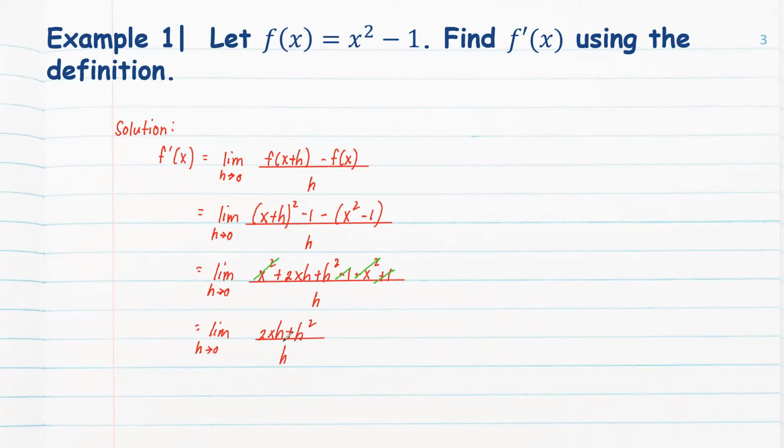So this time, we cannot directly substitute 0 to h because it will make our expression indeterminate. So what we are going to do is we will factor out our numerator. So factoring 2xh plus h squared, we have the limit of h times (2x plus h) over h as h approaches 0.